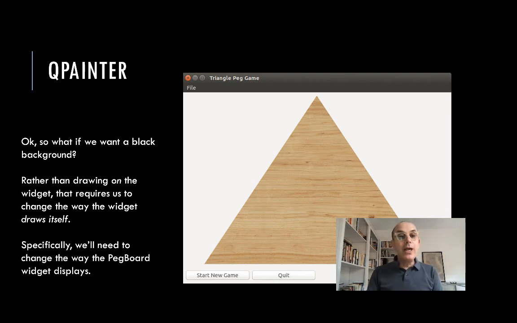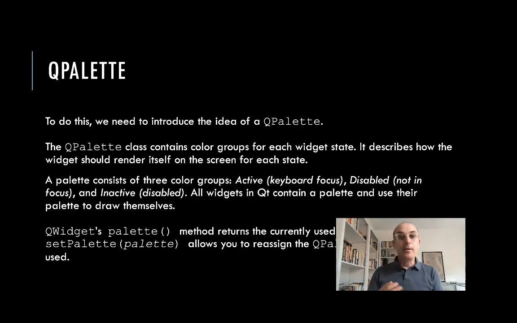Rather than drawing on the widgets, we need to change the way the widget draws itself. More specifically, we need to change the way the board widget displays. One of the things that is really important is the idea of the GUI palette, and the idea that it consists of color groups for each widget state.